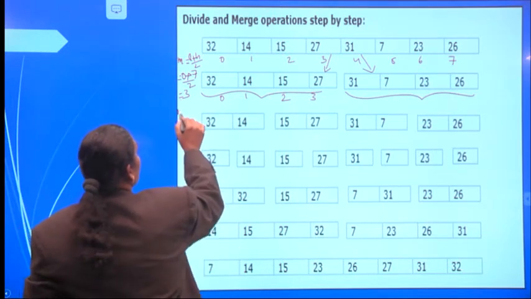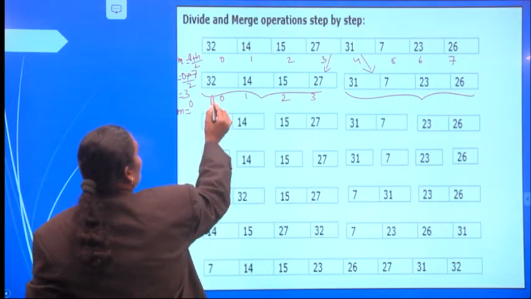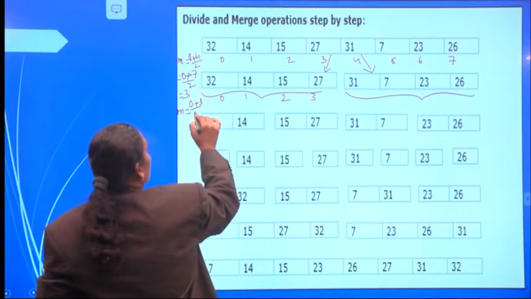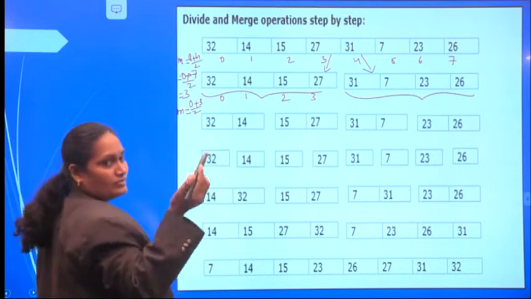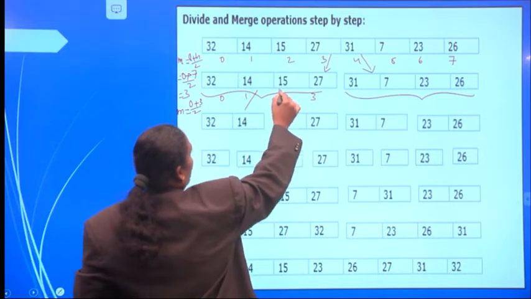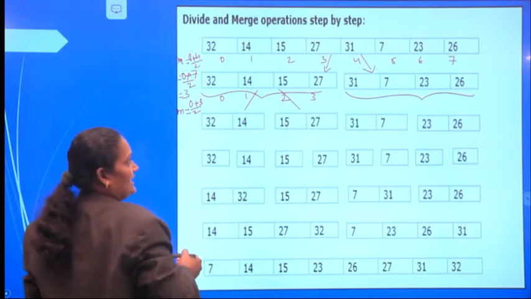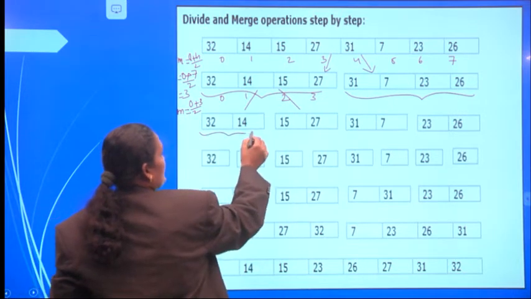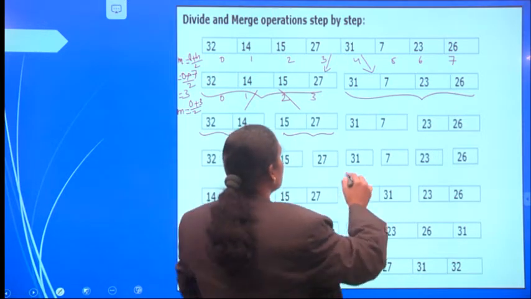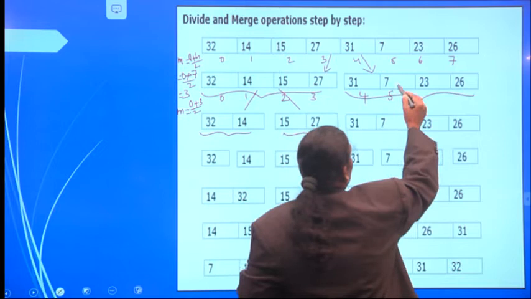Mid is equal to low index, which is 0, plus high index, which is 3, by 2, which gives 1.5. We consider integer value 1. So at 1 we are dividing the array. This becomes one subarray and this becomes another subarray.